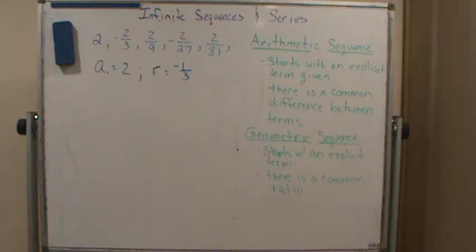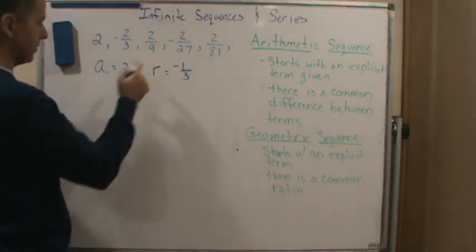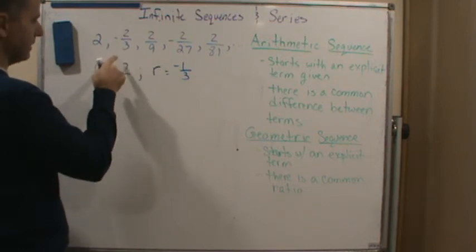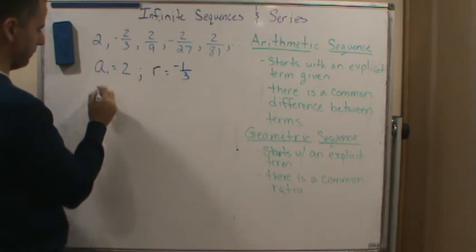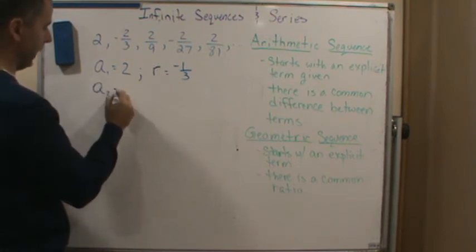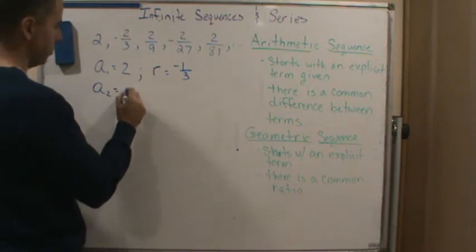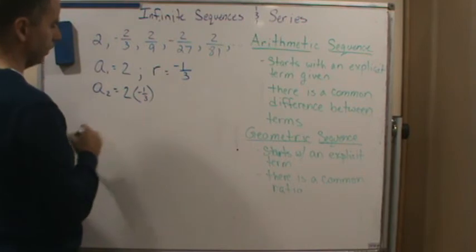Okay, so now we've got the things that we can define this by. So we can define this recursively as follows. Let's start by listing what some of these are. So a sub 2, how do we define a sub 2? It's 2 times negative 1/3.